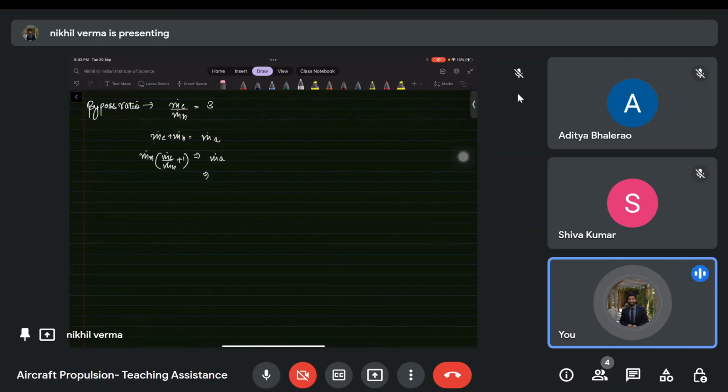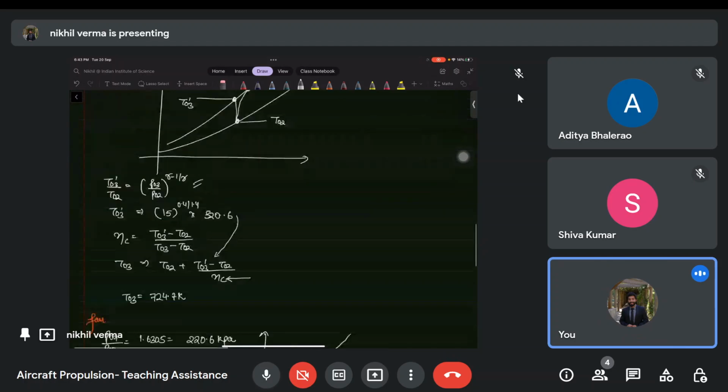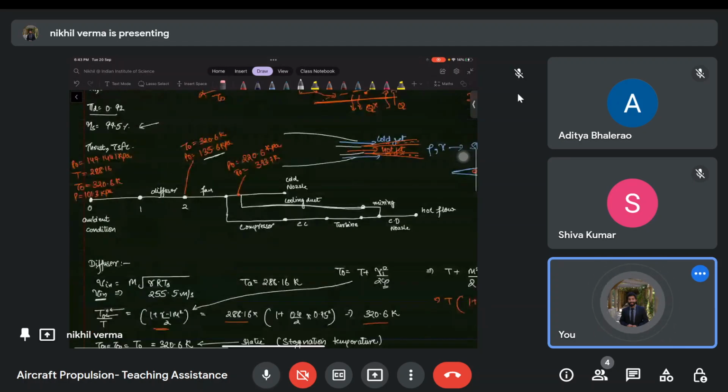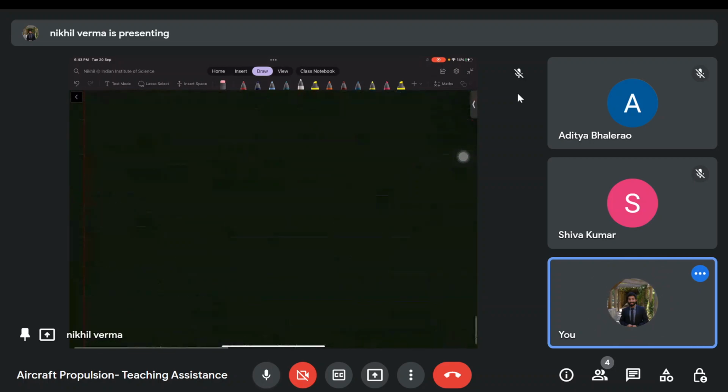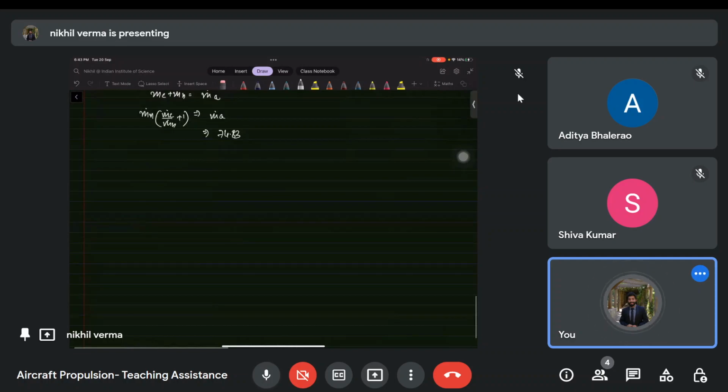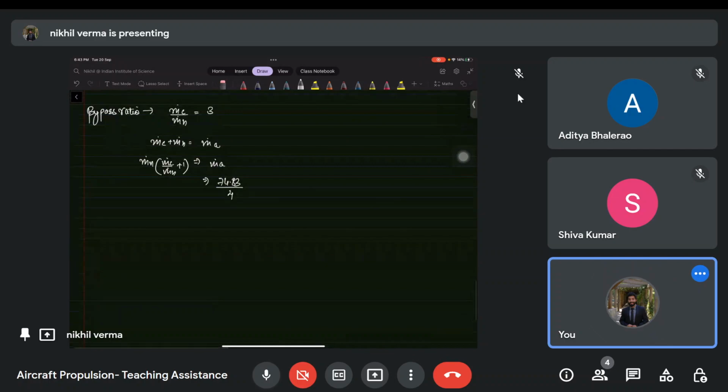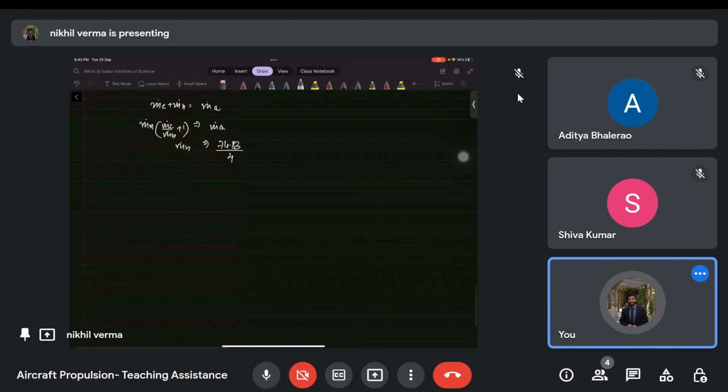So m dot a is given as 74.83 kg per second. So 74.83 divided by 4, because the bypass ratio is given as 4. So this is m dot hot.